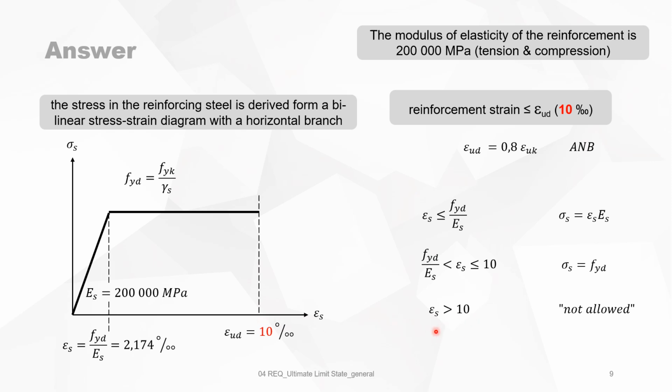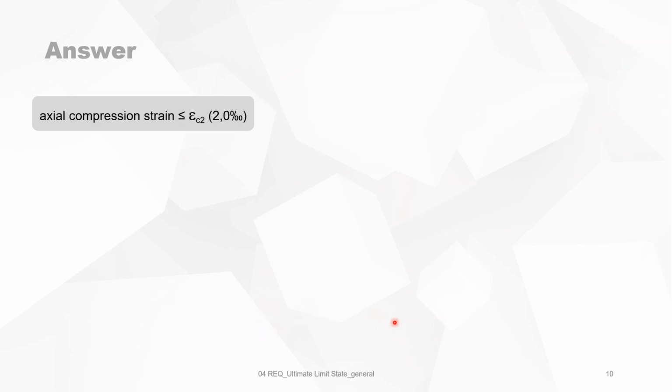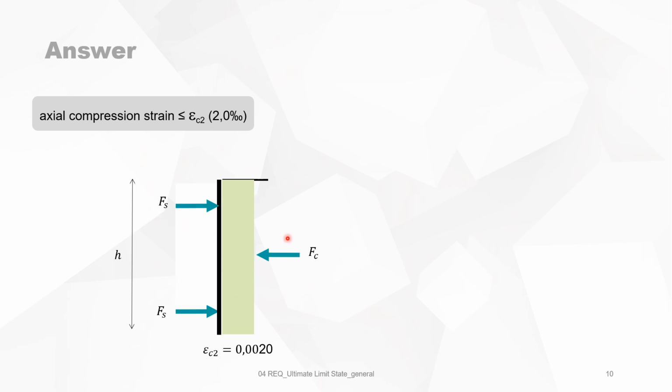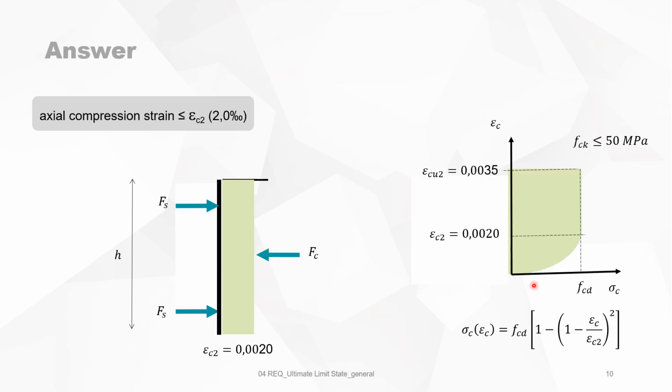We will prohibit it. Another assumption is that the actual compression strain epsilon c2 is 2 per mil. That means when you only have compression, external forces, internal forces, the maximum compressive strain is 2 per mil at pure normal forces. Again, you will see it on this diagram. It stops there.